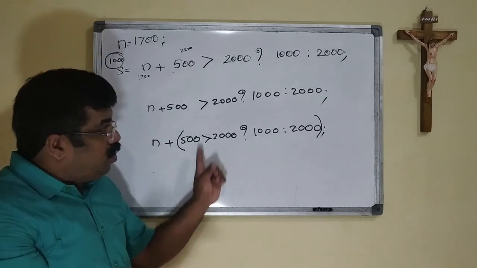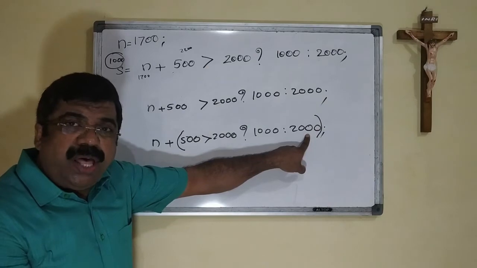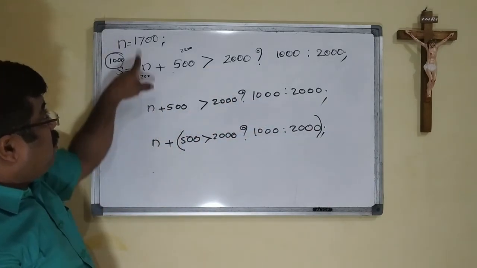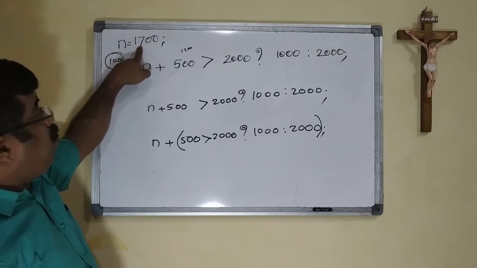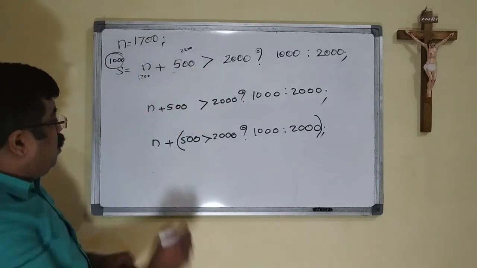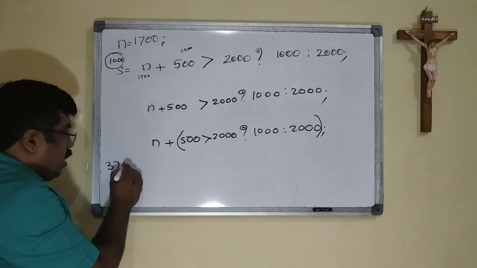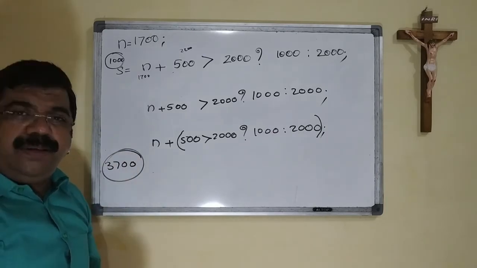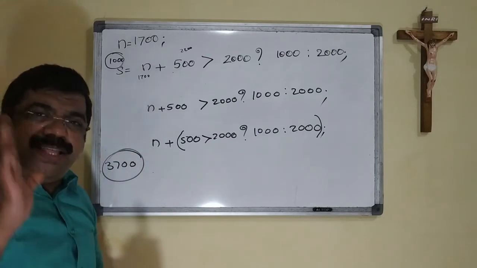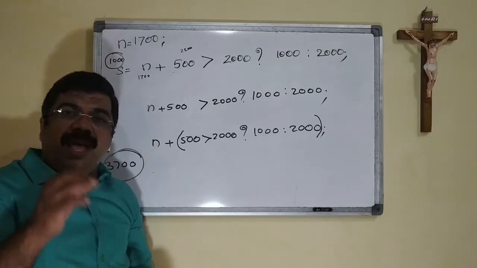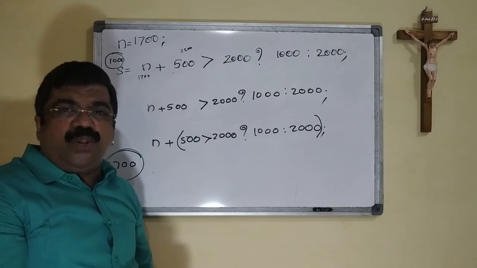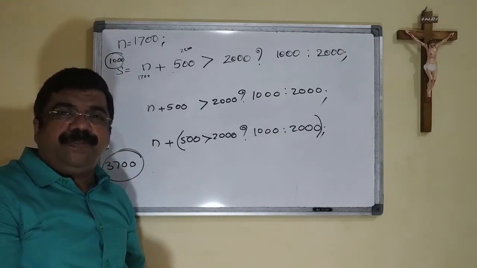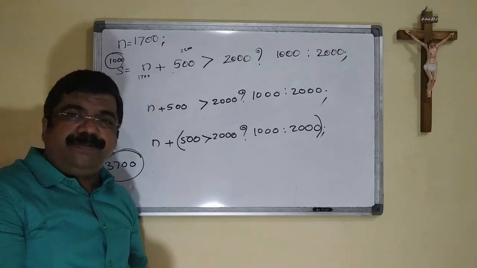Condition is false. So 2000 goes to the left side, added with the N. What is N? 1700. 3700 will be the final result. That means I just wanted to say that conditional operators are having less precedence than that of the arithmetical operators. Alright? Thank you.